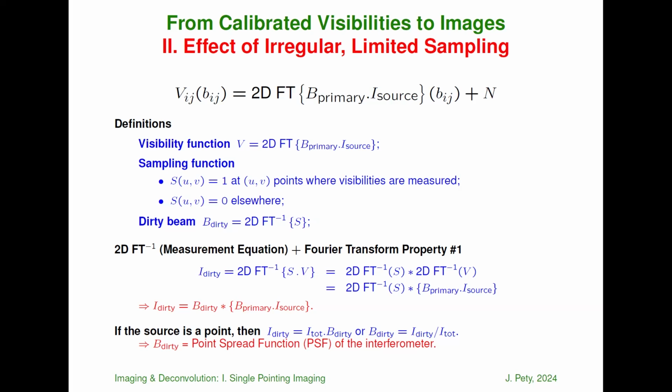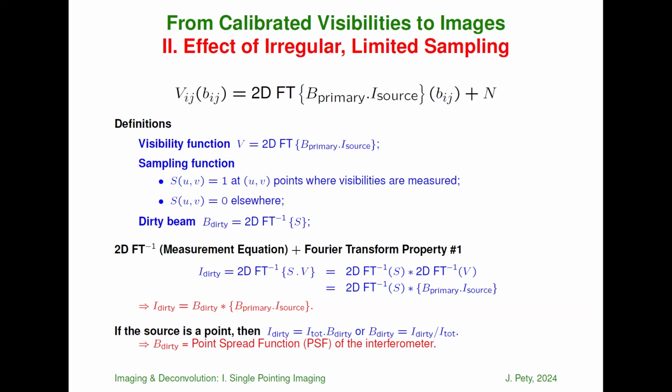So we are using the first Fourier transform property: we have a product of functions, so by doing the Fourier transform we obtain the convolution of the inverse Fourier transform of the sampling function and the inverse Fourier transform of V. The inverse Fourier transform of V is directly the primary beam times the source intensity. This is this definition here. And the inverse Fourier transform of S is the dirty beam. So you end up with the dirty image being equal to the dirty beam convolved by the primary beam times the intensity of the source.